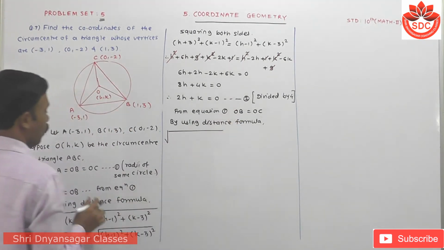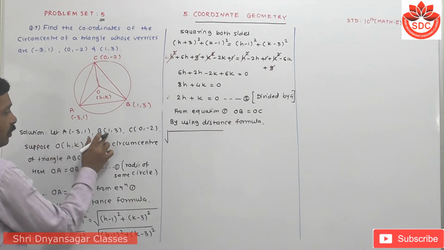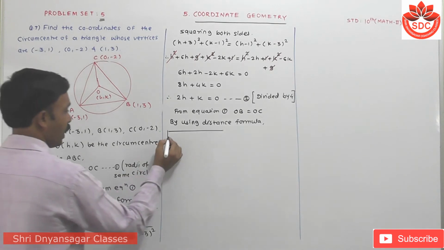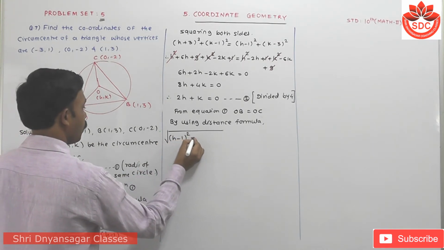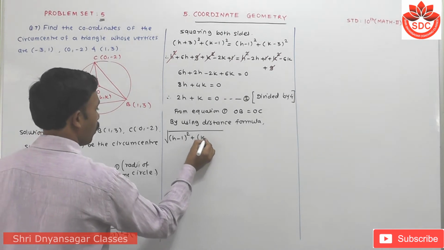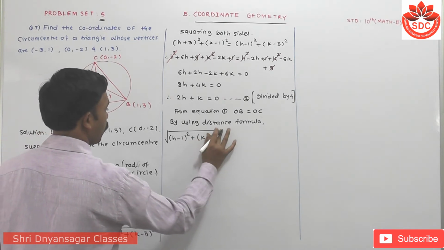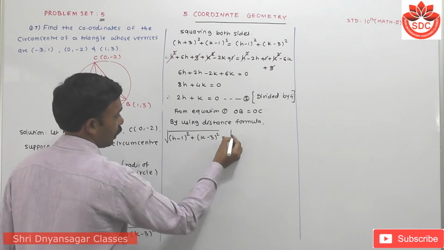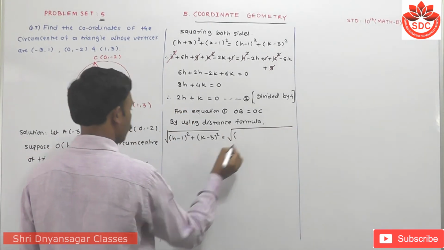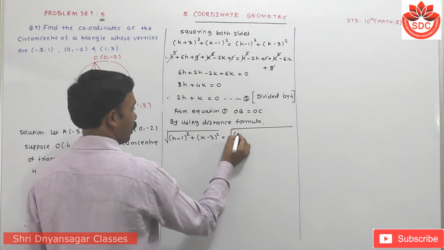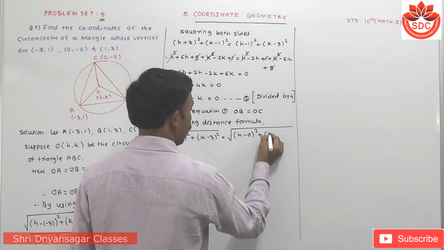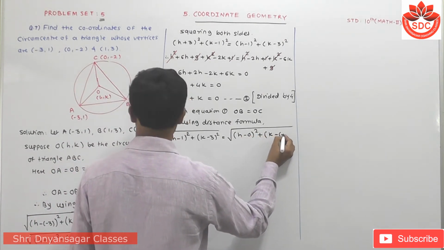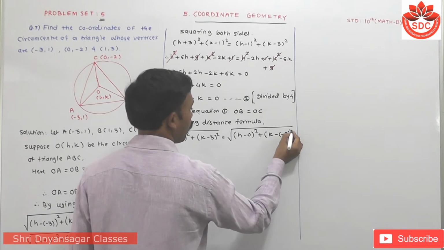Here O having coordinates x2, y2, B having x1, y1, so that (h − 1) whole square plus (k − 3) whole square is equal to (h − 0) whole square plus (k − 2) whole square.